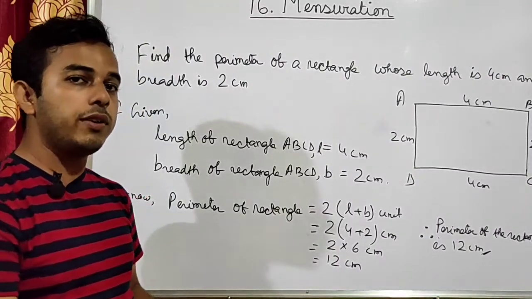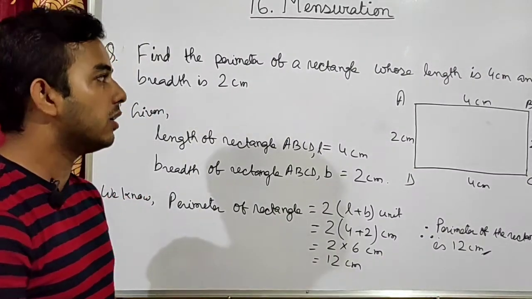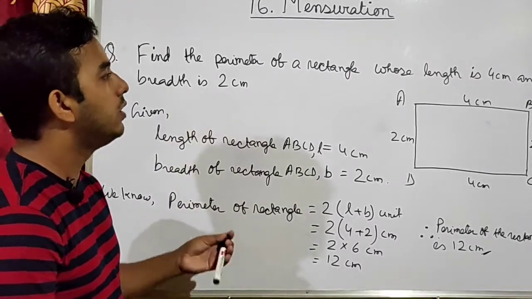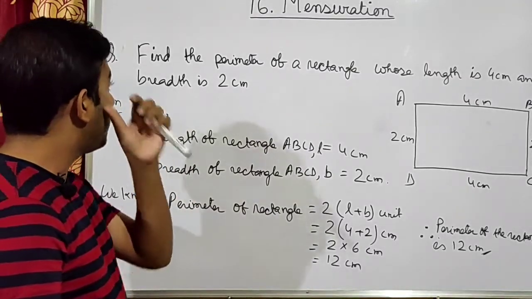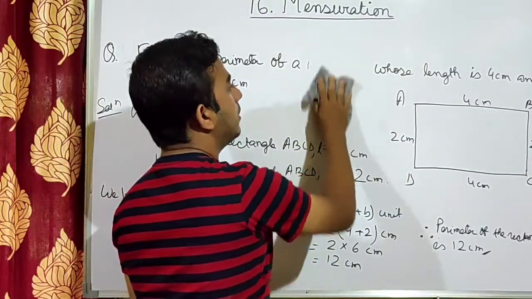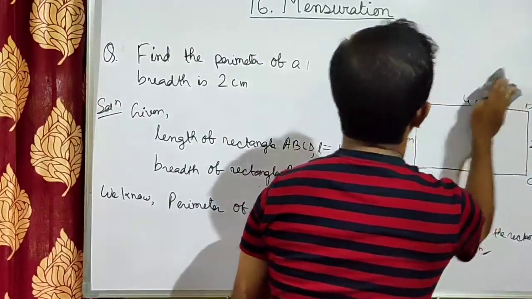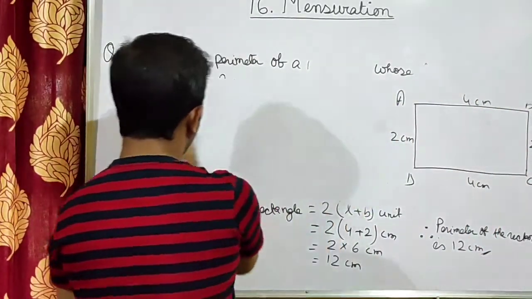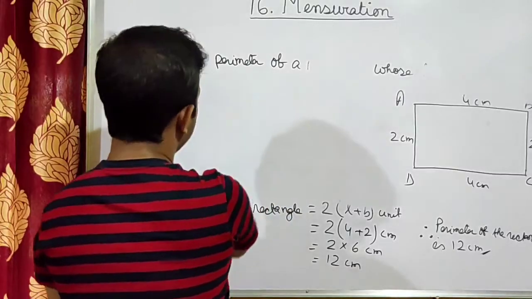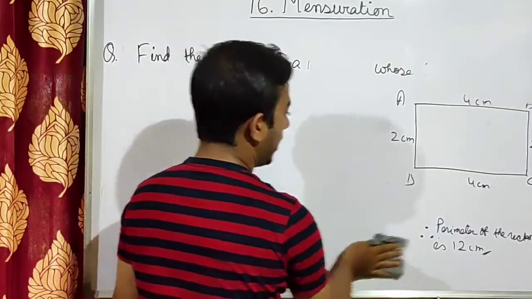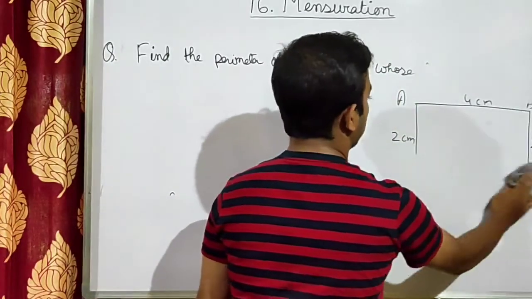So now let's proceed to our next figure, that is triangle. So it will be, find the perimeter of a triangle whose side is, for example, equilateral triangle, let us consider side 6 centimeter.